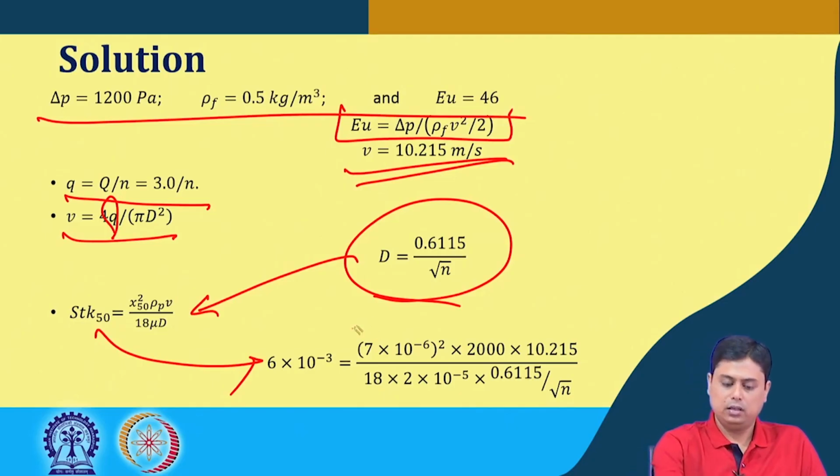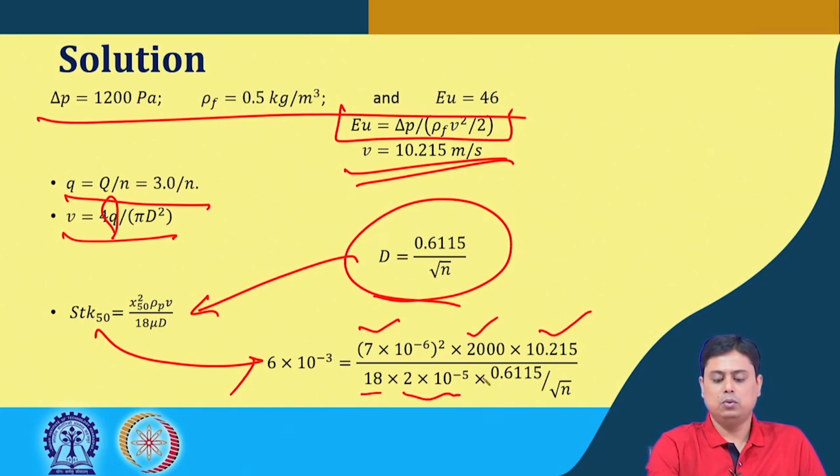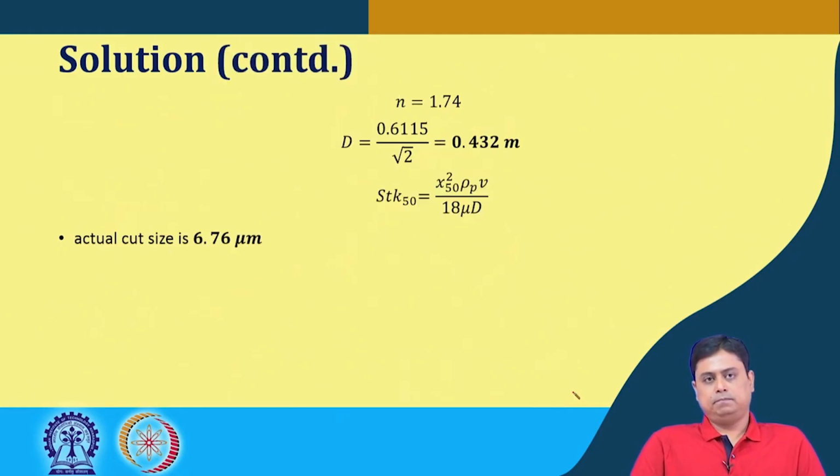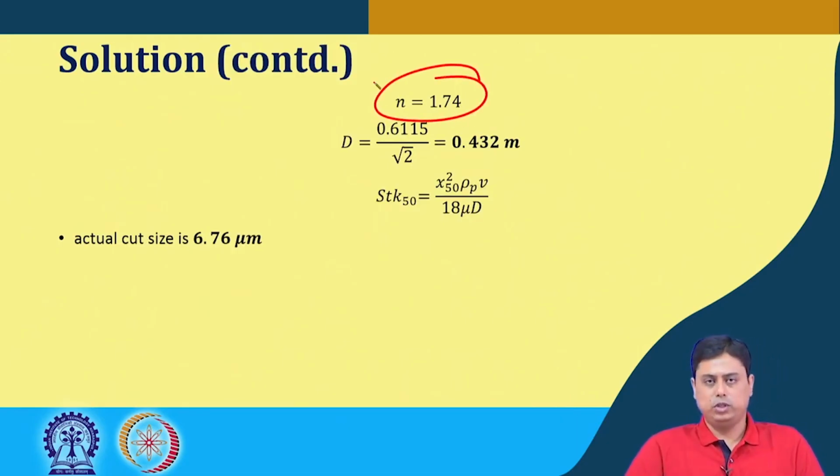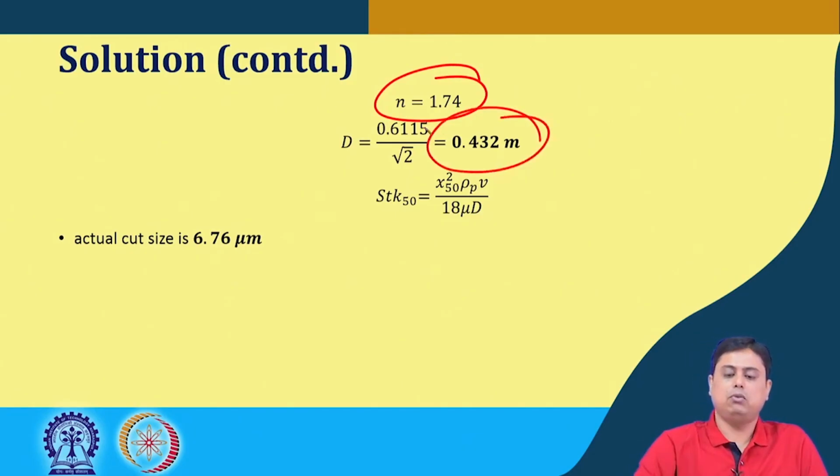So here we have the cut size, particle density, characteristic velocity, and 18 mu diameter. This gives us the value of n as 1.74, which means we need 2 cyclones. That means the D would be 0.432 meter.